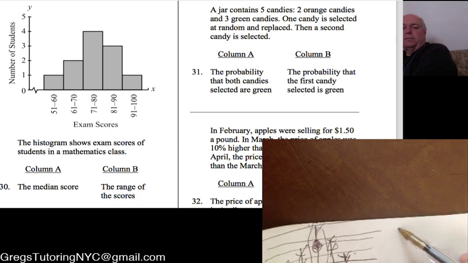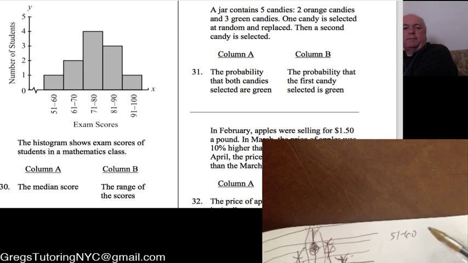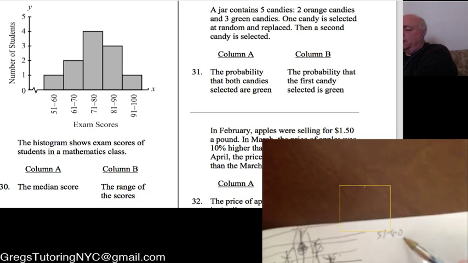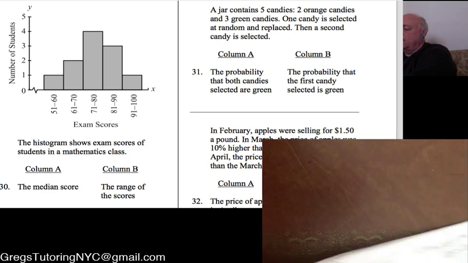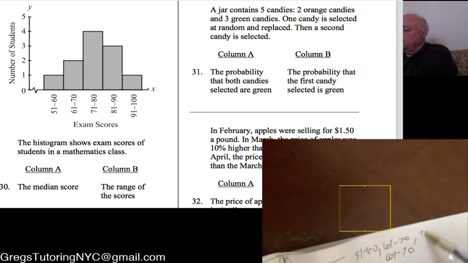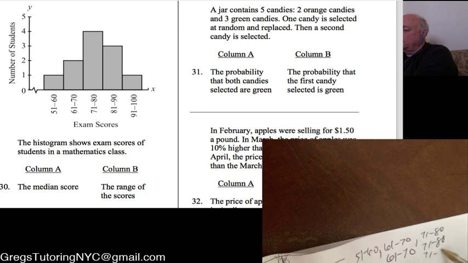I have 51 through 60 one time, and I'm going to do them in order. I have 61 through 70 twice. Okay. I have 71 through 80 4 times.